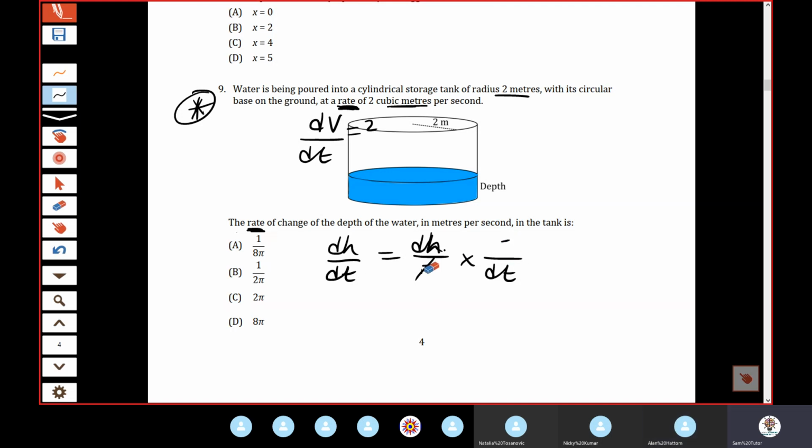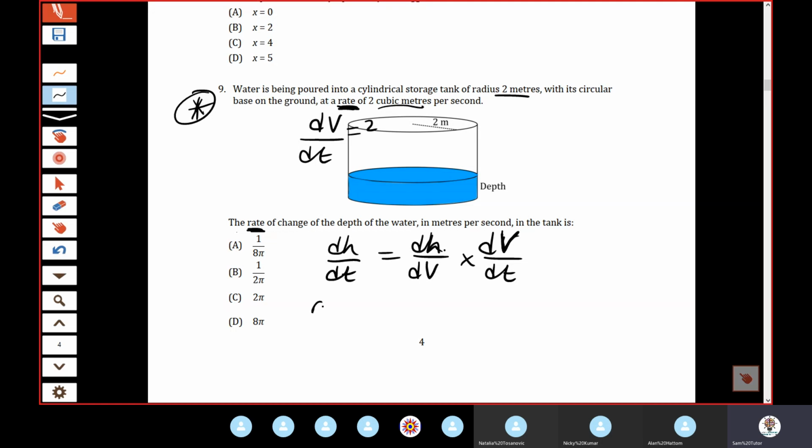So the trick to it is, whatever the first one was, this one here, dV on dt, V, volume because of cubic meters, that's what this is going to be. Then dV on dt, we already have that, that's 2. dH and dV, we don't have this.